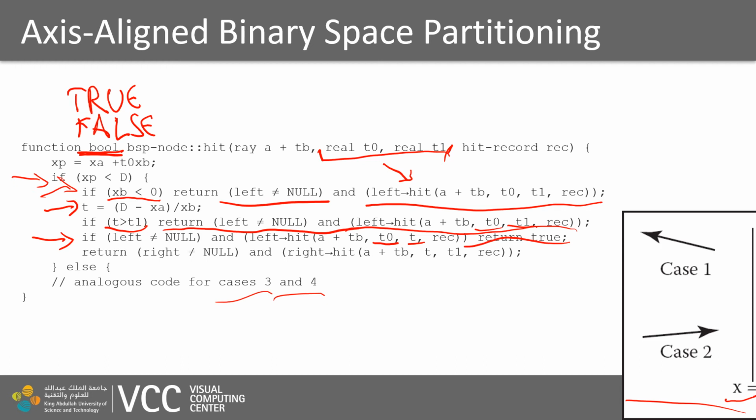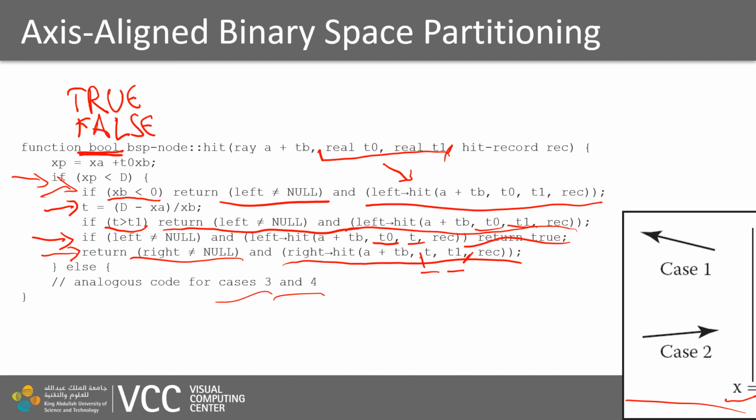However, if this will not be the case, then we are simply returning the intersection with the right side, so to say, where the x is bigger than D. So then we check whether right is not null, and then we perform the hit routine where our interval of T is scoped from T to T1, because the T is the T parameter where the right side, so to say, starts.